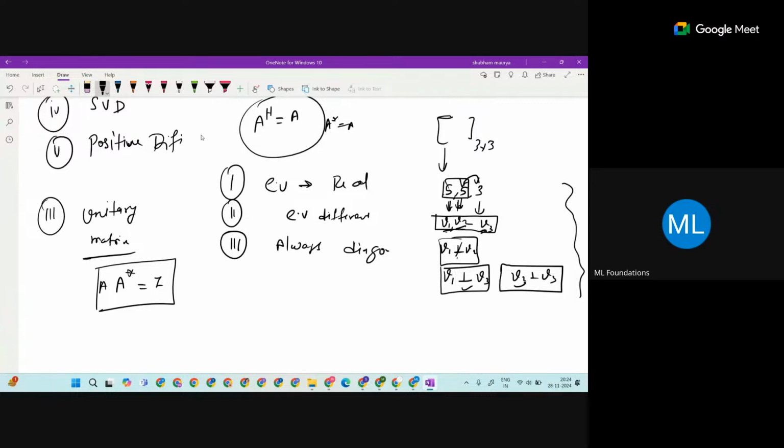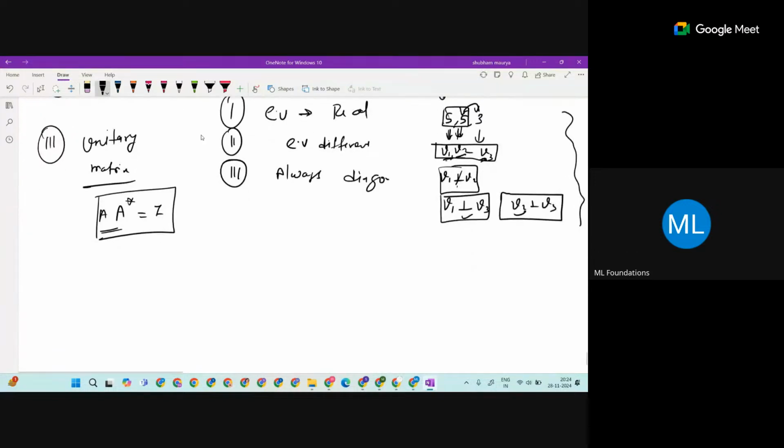If this is happening, then we'll say matrix A is a unitary matrix. Another property concerns the eigenvalues.